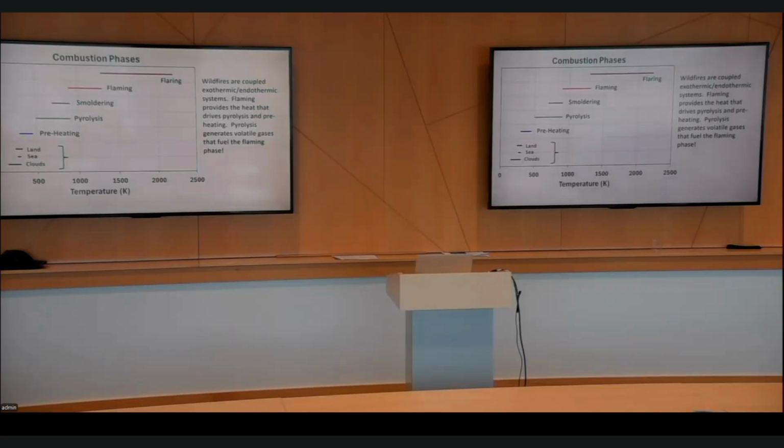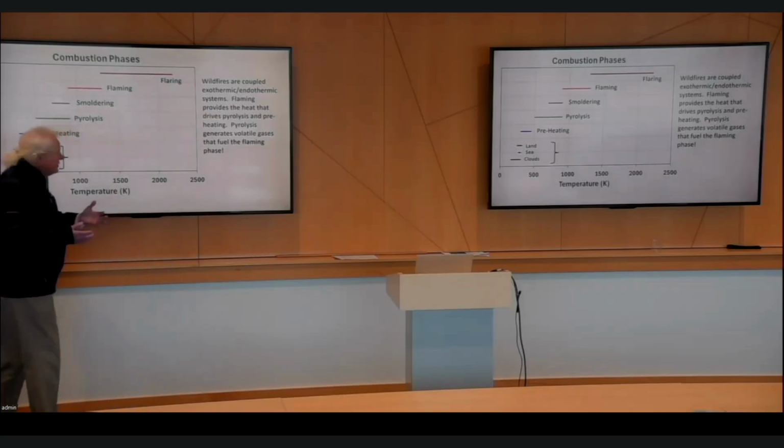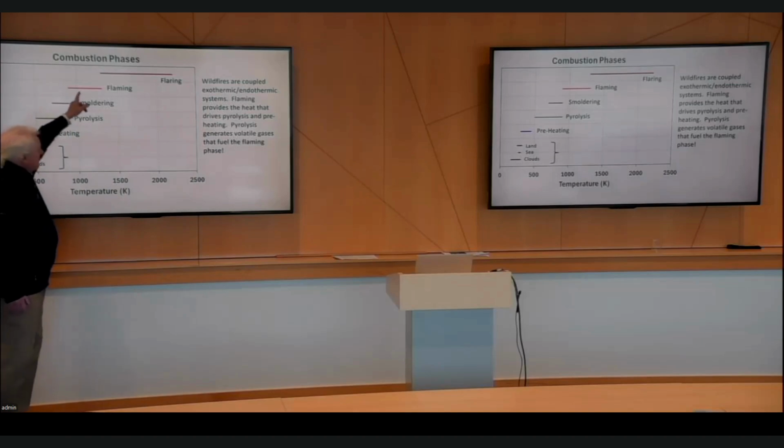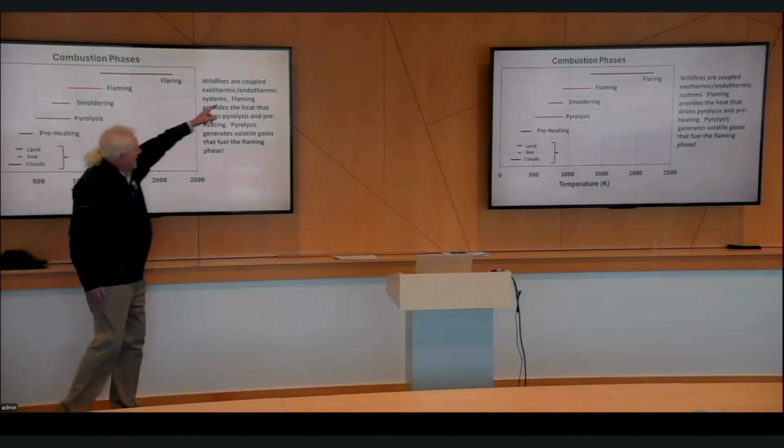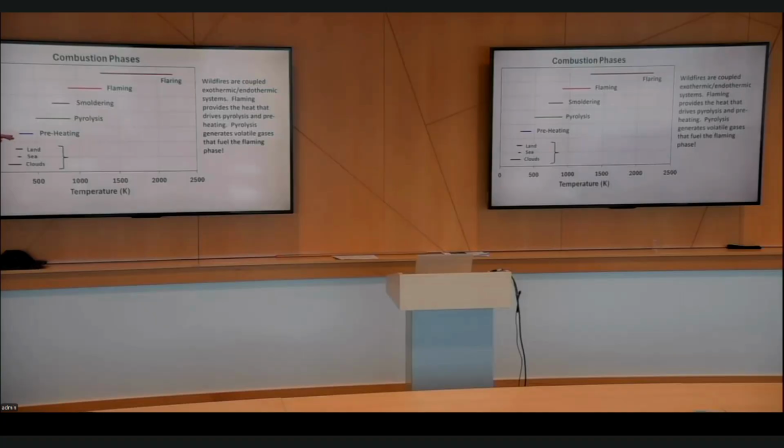And so that's why I talk about wildfires as being a coupled system of an exothermic phase, that's heat producing, uses oxygen, produces heat, that's the flaming primarily, and endothermic, which are processes that require heat. And so down here, these are the endothermic processes, starting out with preheating, which drives the water off and gets the biomass ready for pyrolysis.